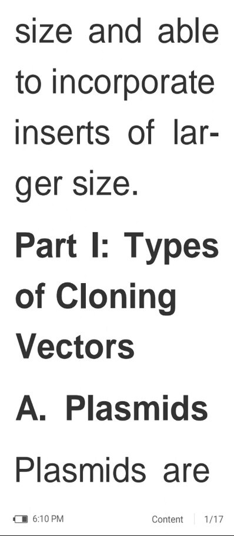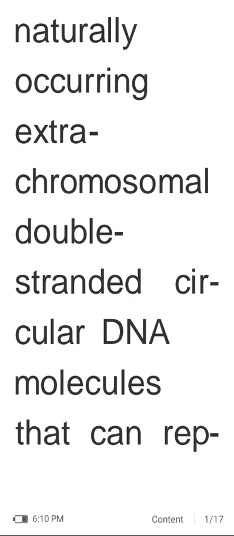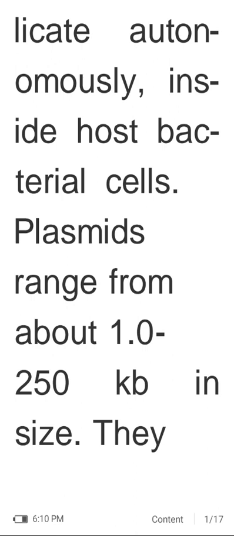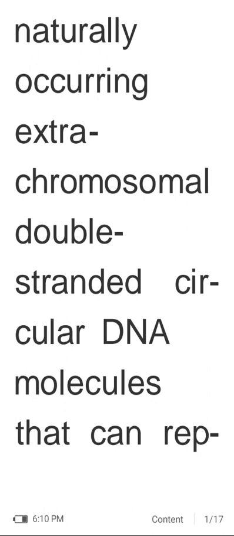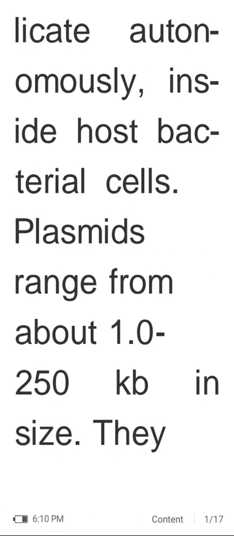There are many types of cloning vectors, as we mentioned earlier. The first one is plasmids. Plasmids are naturally occurring extrachromosomal double-stranded circular DNA molecules that can replicate autonomously inside a host bacterial cell. So these are extrachromosomal double-stranded circular DNA molecules, primarily situated in bacterial cells.